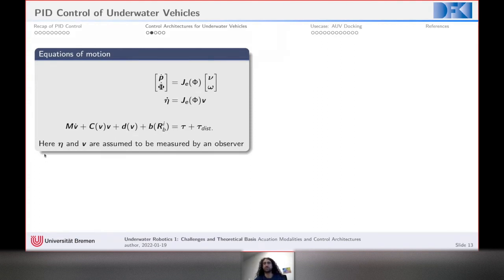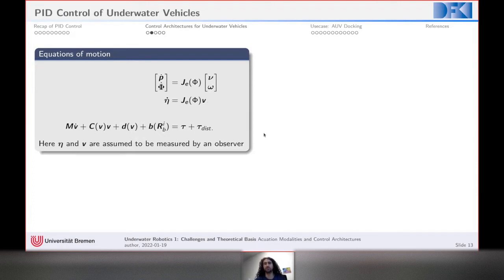And we assume that we can observe the position. Let's give it this big eta, which is basically putting both position and attitude, or orientation, in the same vector. And V is putting the linear and angular velocities.